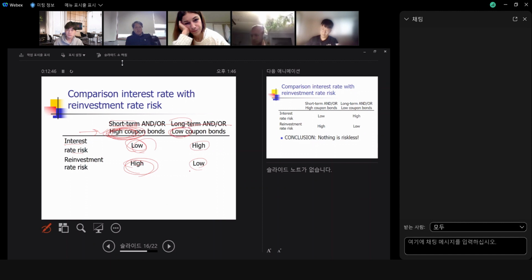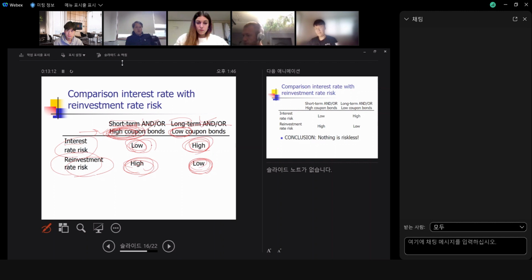A low coupon bond has the low reinvestment rate risk and the high interest rate risk. Simultaneously, in terms of a coupon bond, the reinvestment rate risk is higher in high coupon bond, lower in low coupon bond, whereas interest rate risk is lower in the high coupon bond, higher in low coupon bond.